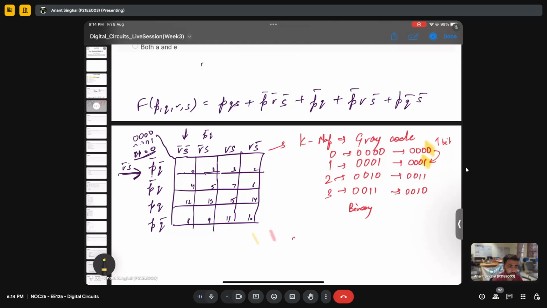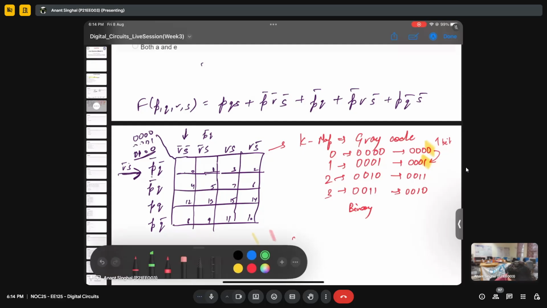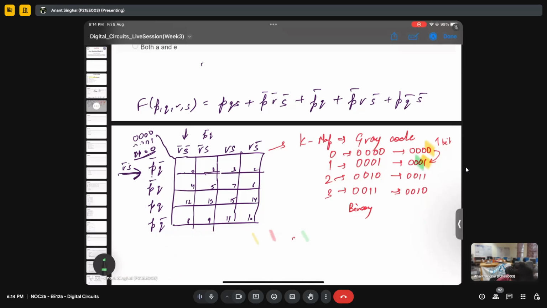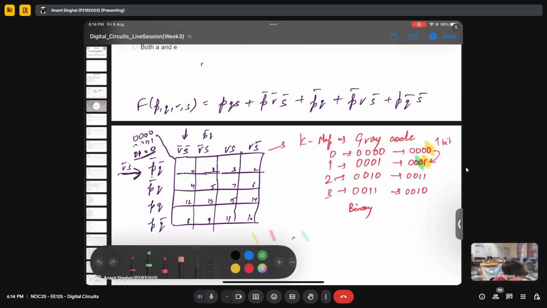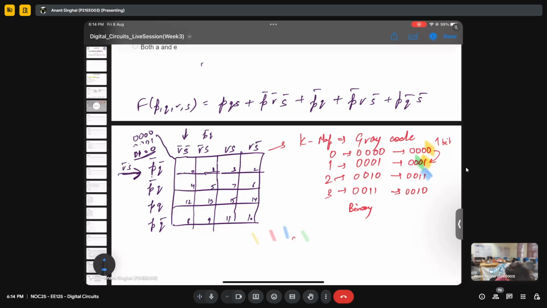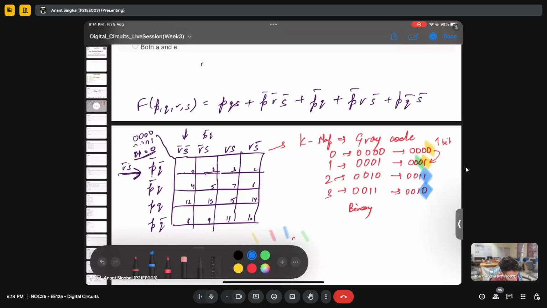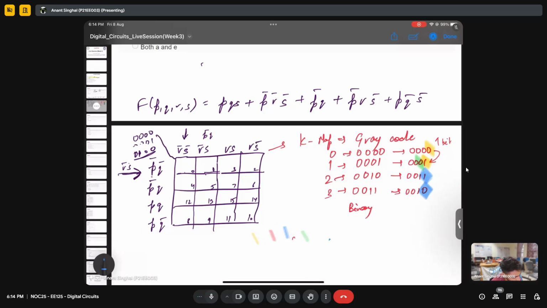And if you see the transition from 1 to 2, this second 0, in green, is changing to 1. Rest of the bits remain the same. Then the next transition, this one is changing to 0, rest of the bits are the same. So the gray code basically is a code which only has a single bit transition.